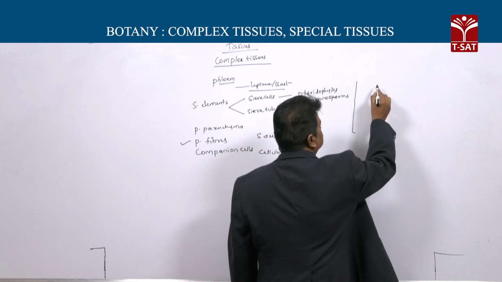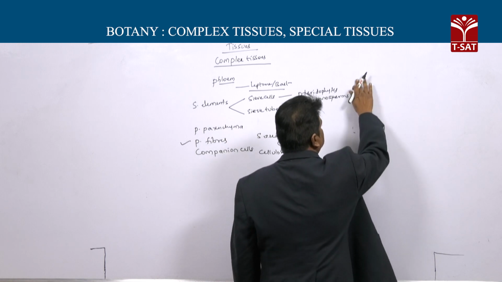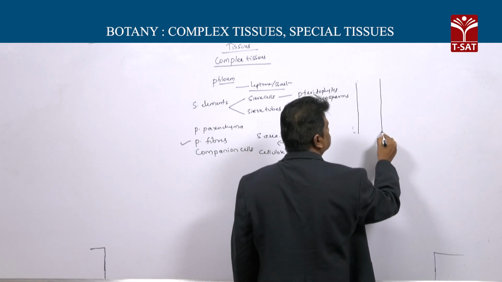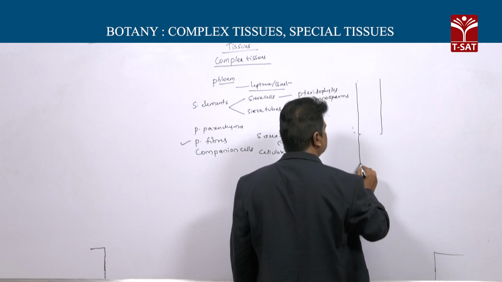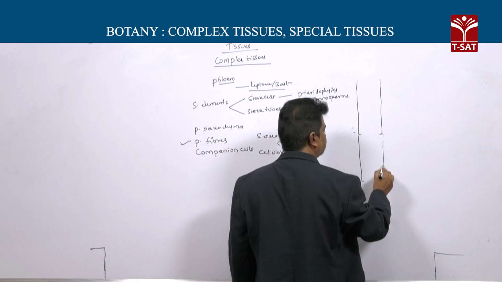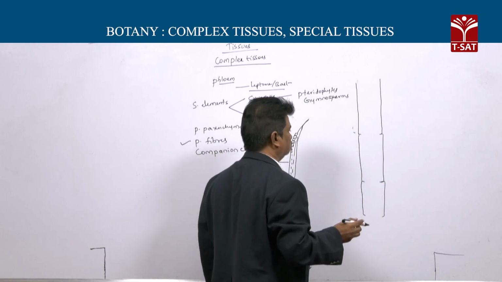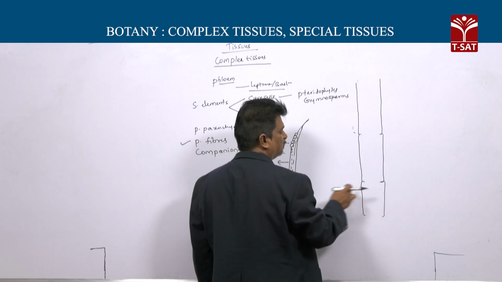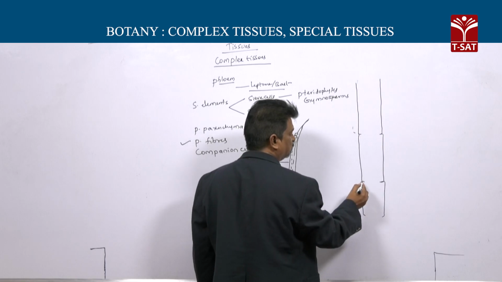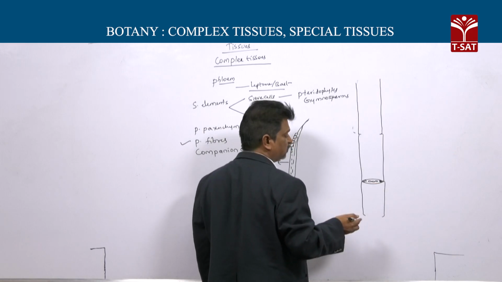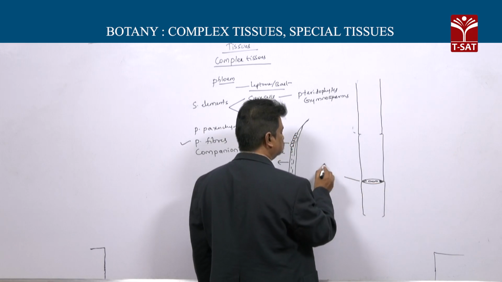Next one, sieve tubes. The structure of a sieve tube is similar to a vessel. Just like vessels, all phloem elements are placed one above the other. Then their end walls are joined. After that, perforations are formed in the end walls. These perforations are like a sieve.